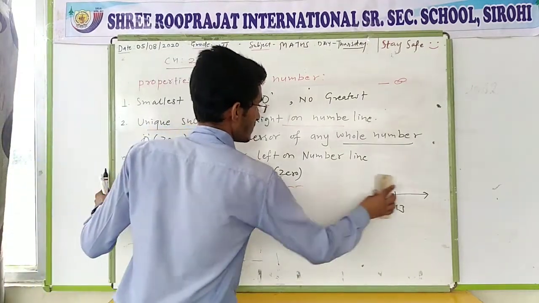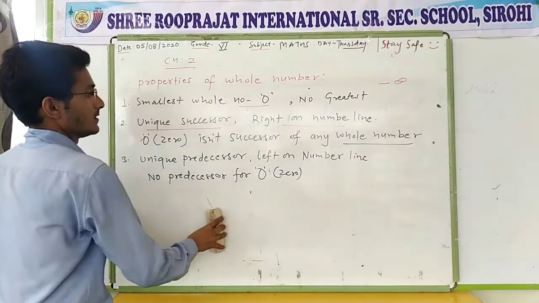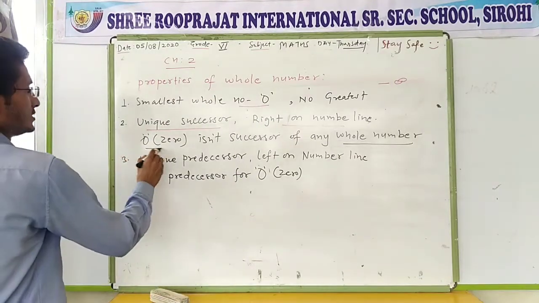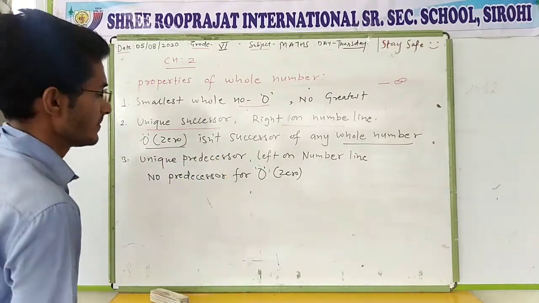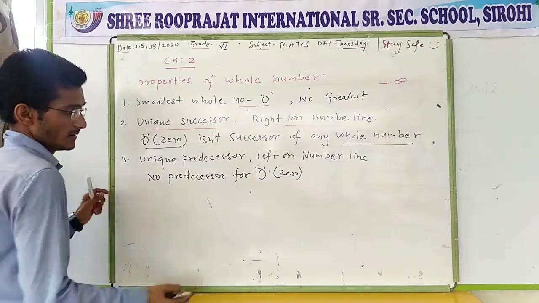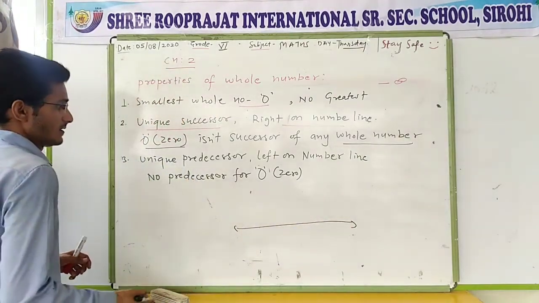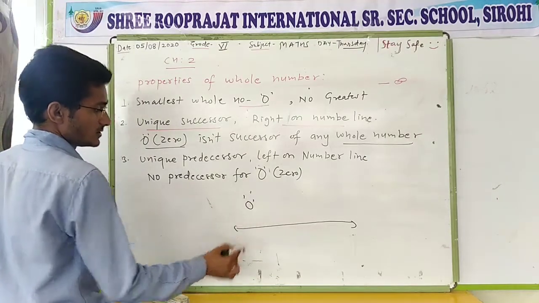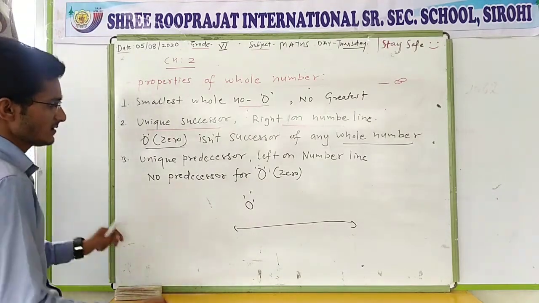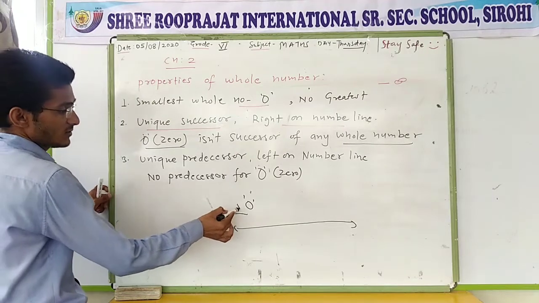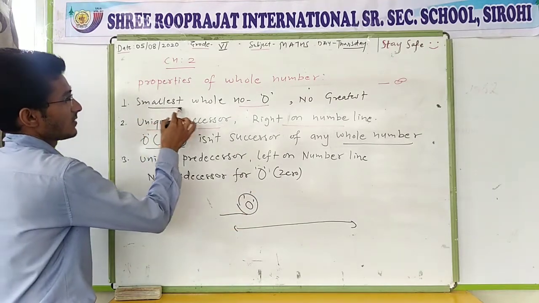next one, yes, 0 isn't a successor of any whole number. If you talk about 0 being a successor of any number, then no, because 0 is the smallest whole number.